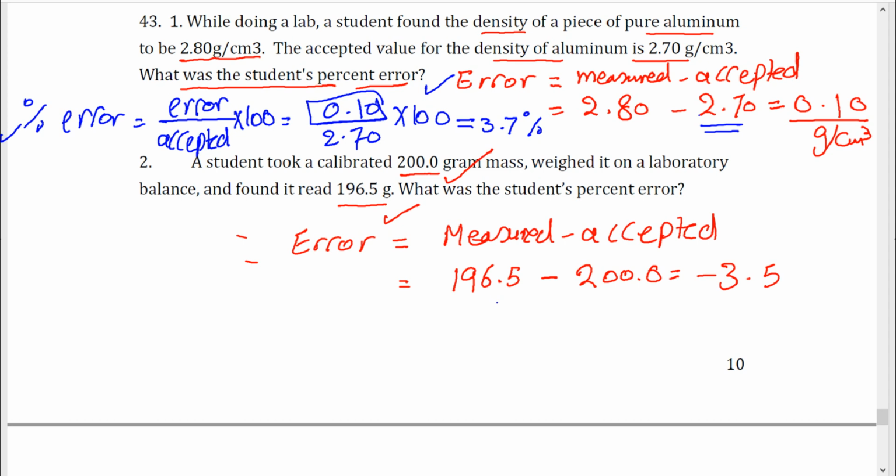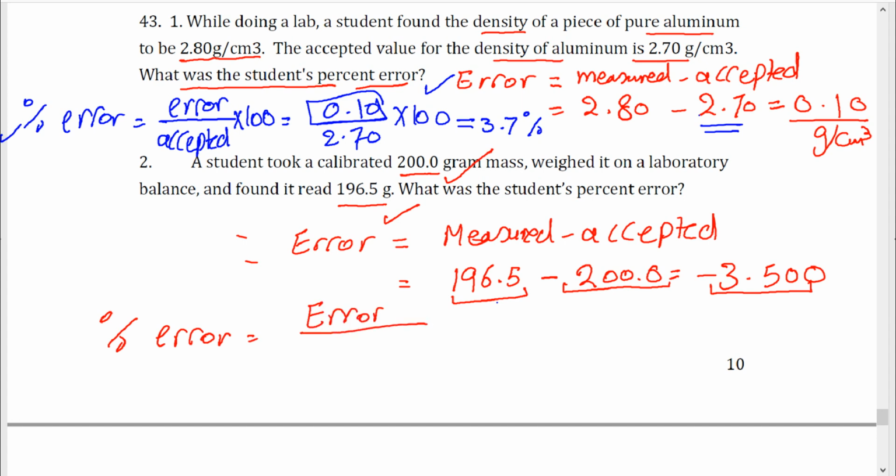Don't forget to round your answer also to the same number of significant figures. The smaller significant figure here: I have 4 and this one has 4. So in order to make this 4, just put 2 zeros here. And then calculate the percent error, equal to the error value divided by the accepted value, multiplied by 100.